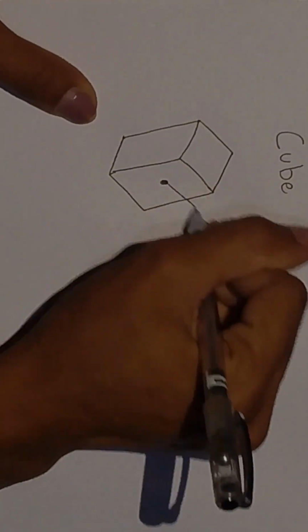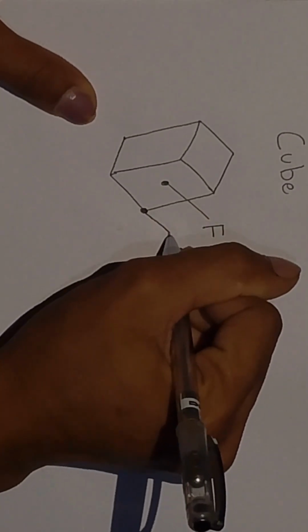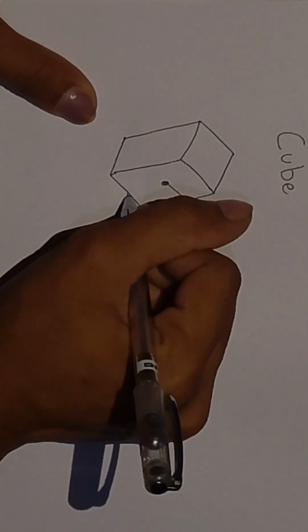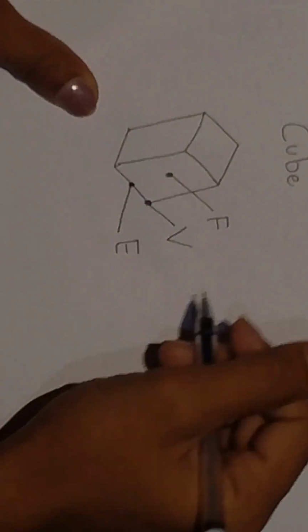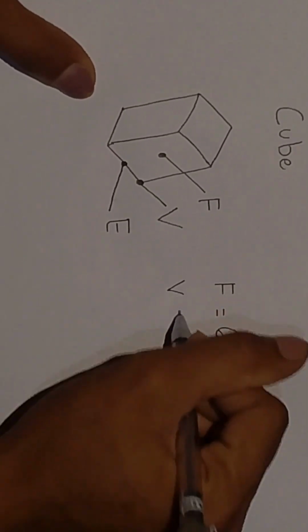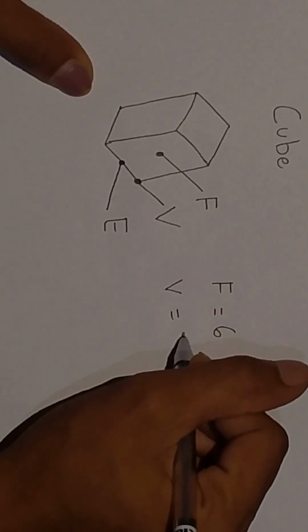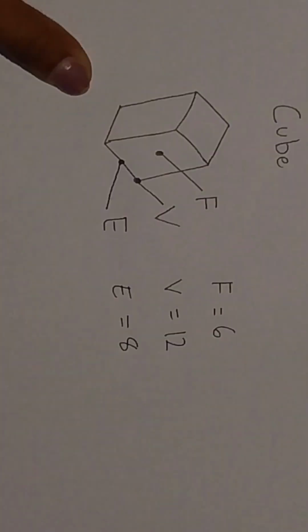For the cube, we have f or faces, v is vertices, and e is edges. For the cube, we have 6 faces, v is equal to 12 and e is equal to 8.